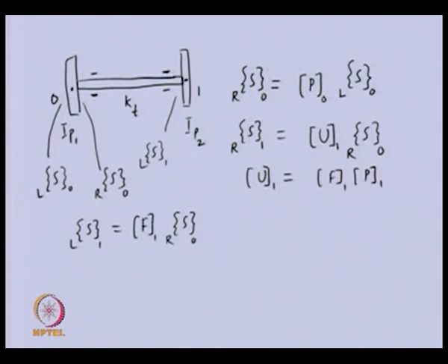Now we can get the state vector right of station 1 from left of 1. So right of 1 is here. You can see that in between the right of 1 and left of 1 there is a disc, so we need to multiply by the point matrix.